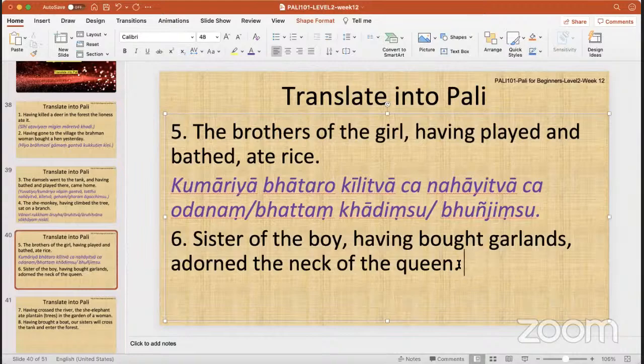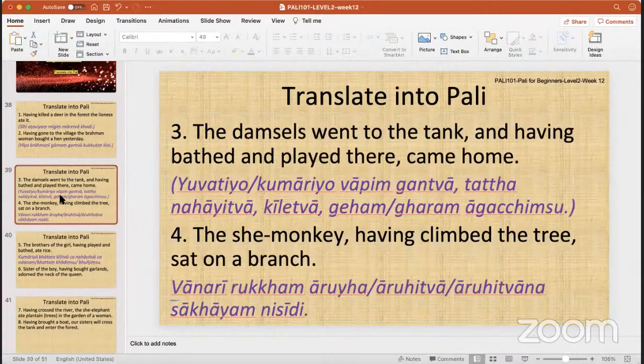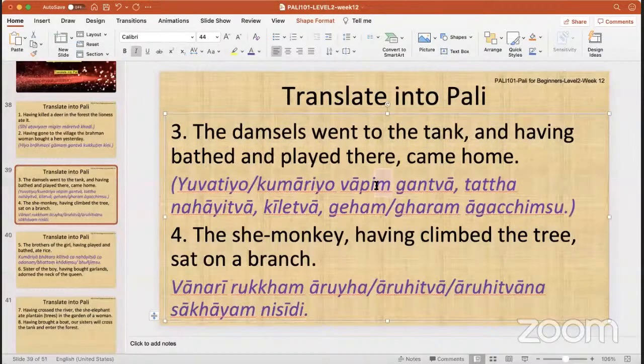Sister of the boy having both garlands adorned the neck of the queen. Mala. Sisters, plural. Okay, let's have this also first. Kilitwa. I think I need Kilitwa.